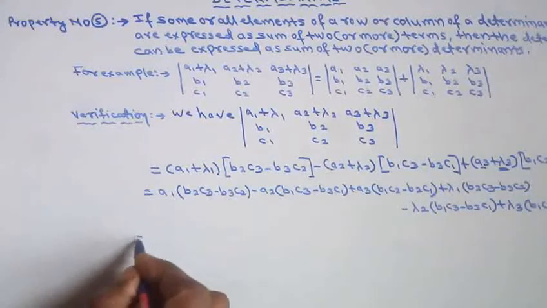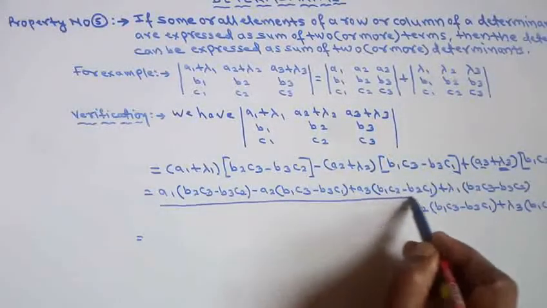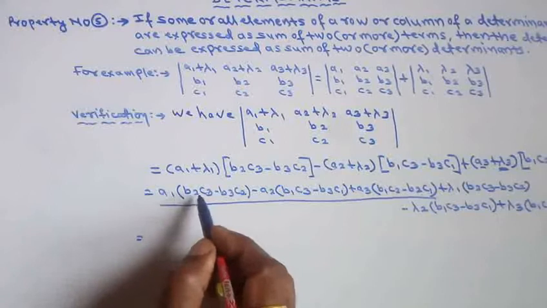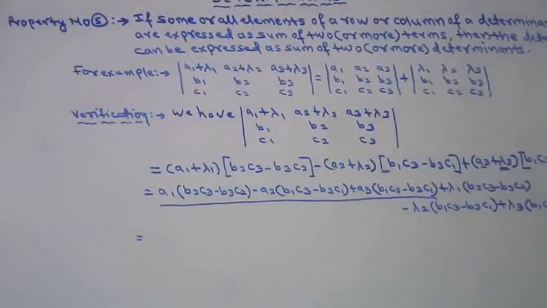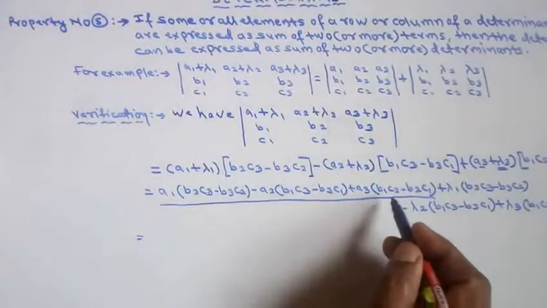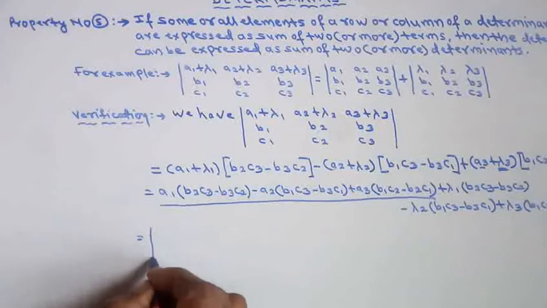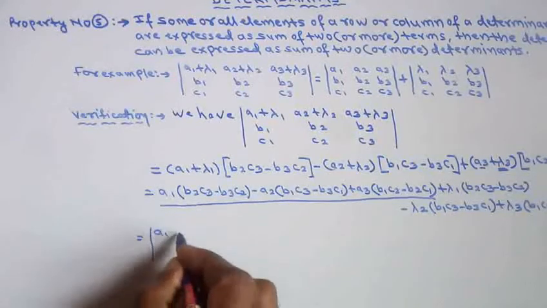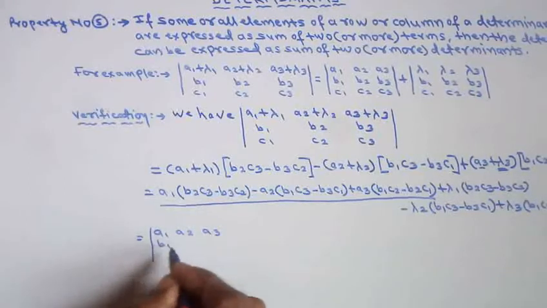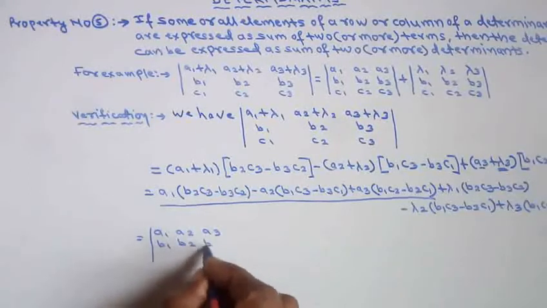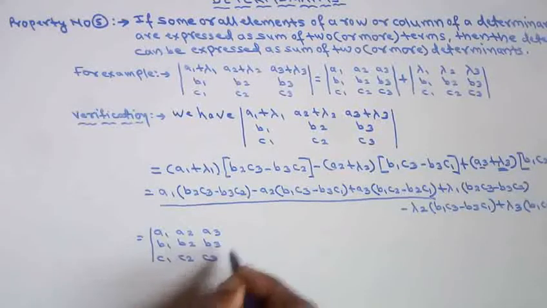Okay, so this is equal to, now see this expansion up to this: a1 into bracket b2 c3 minus b3 c2 minus a2 into b1 c3 minus b3 c1 plus a3 into b1 c2 minus b2 c1. So this is the expansion of this determinant a1, a2, a3, b1, b2, b3, c1, c2, c3.